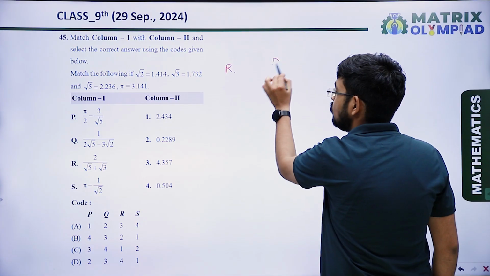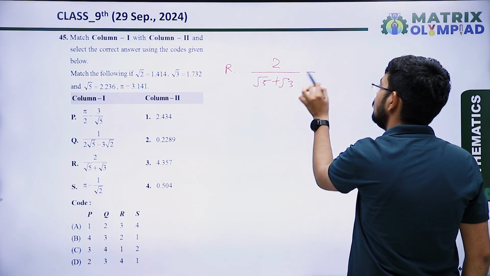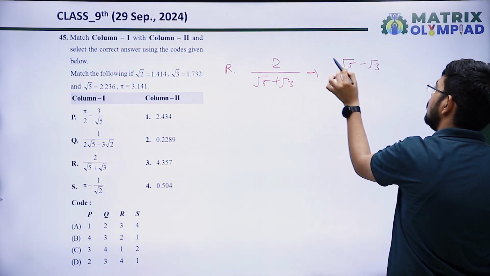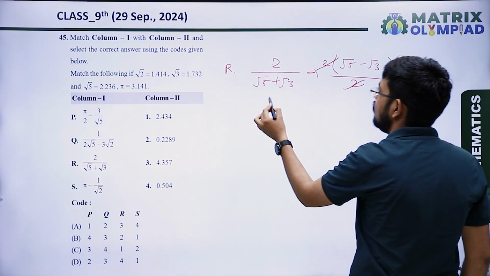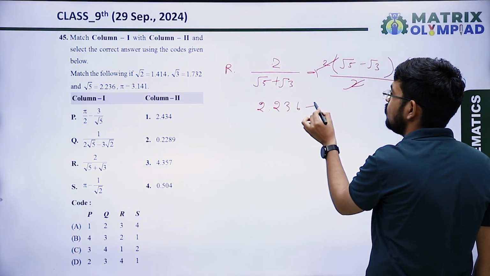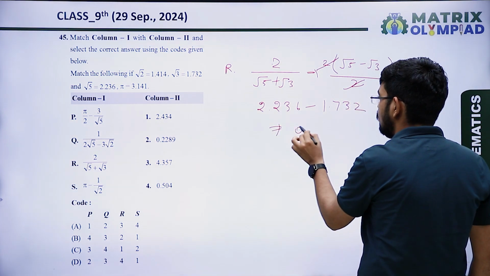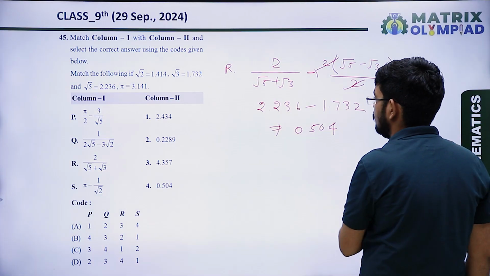R: 2 upon root 5 plus root 3. After simplification you will get (root 5 minus root 3) multiplied by 2 upon (5 minus 3). The 2 cancels out. Root 5 value 2.236 minus the value of root 3, 1.732. So you will get 0.504.